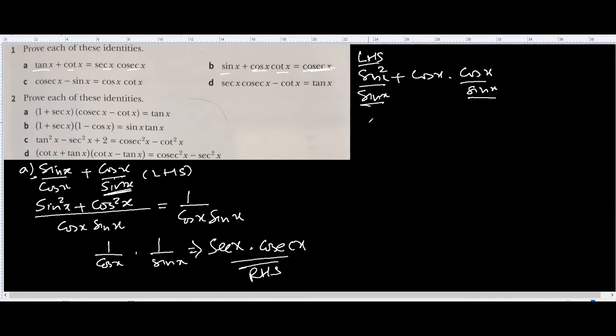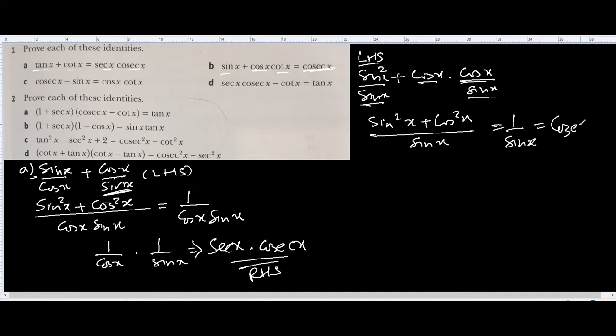So sine square x plus cos square x over sine x. Yeah, because both of them have same denominator now. And sine square x plus cos square x is 1, so it is 1 over sine x, which is cosecant x, RHS.